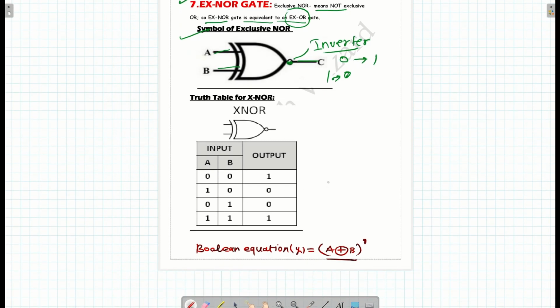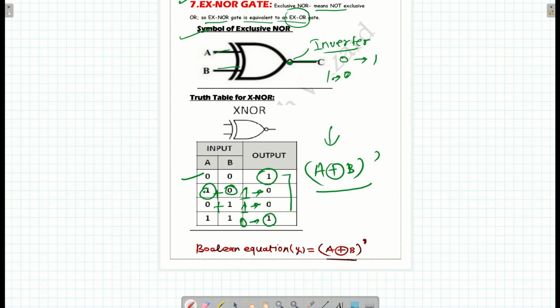Here basically our formula is A operator B, and it will be the inverse of the last gate. So 0 and 0 we get 0, but here it will be 1, and 1 and 0 we get 1, but its invert is 0. 0 and 1 we get 1, but invert is 0, and 1 and 1 we get 0, but invert is 1. Okay, so these are 7 gates, and we have completed today.